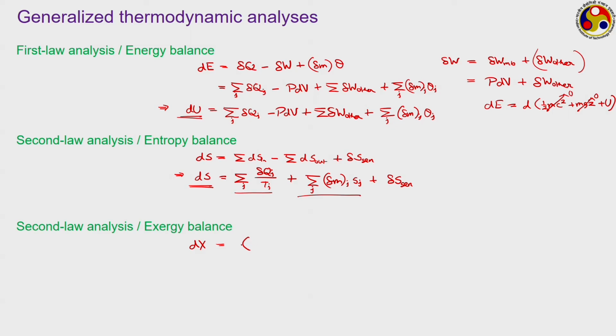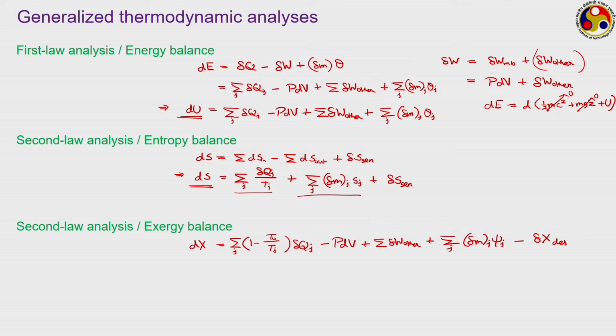With the heat we know that we should write this one as (1 minus T_0 upon T_j) delta Q_j, where T_j is the temperature at which this delta Q_j is supplied, plus or minus all the kinds of work interaction the system may be having, that is PdV plus the summation of the other kinds of work interaction, plus all possible kinds of mass interaction delta m_j psi_j, minus the exergy destruction, which is again dependent on the process. Now, what is the expression for this psi?